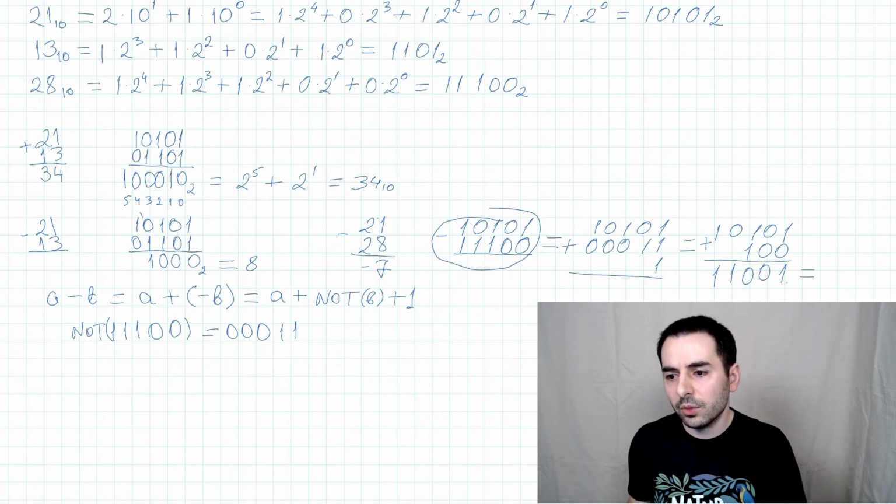So if we calculate this, in decimal it is 1, 0, 1, 2, 3, 4. So 16 plus 8, 24, 25.